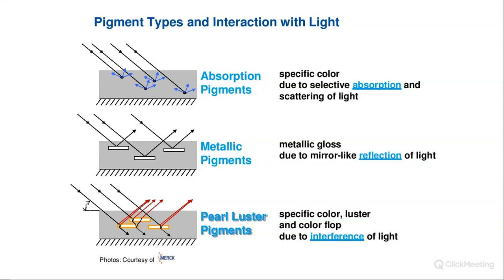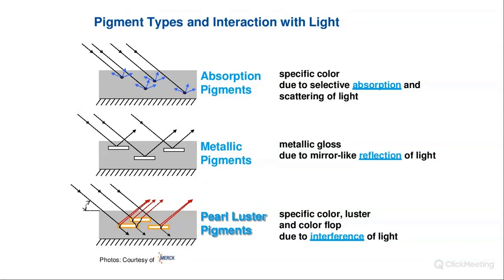If an object is green, all other colors are being absorbed by that pigment, and it is reflecting back the green wavelengths. Absorption pigments are the most used pigments throughout every industry.